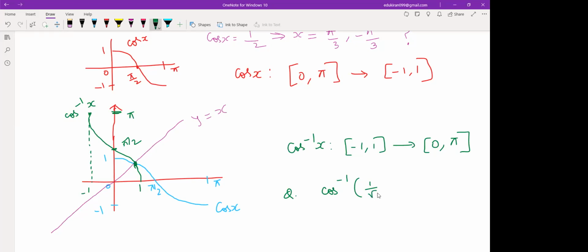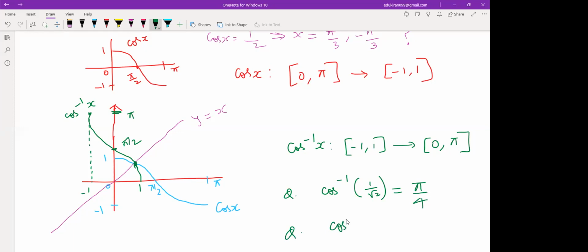So if you take cos inverse of 1 by root 2, what will you get? 45 degrees, which is pi by 4.